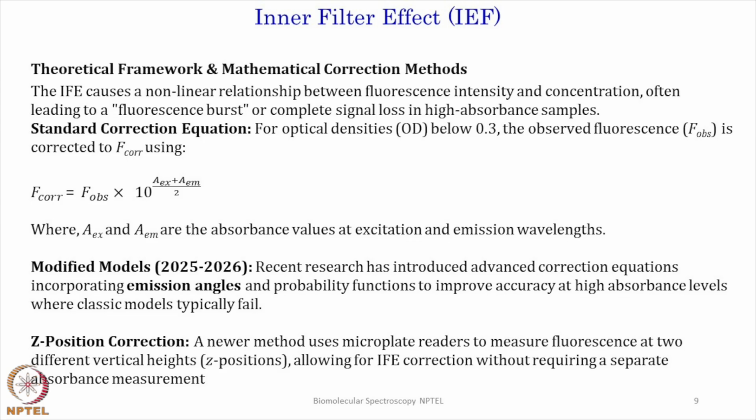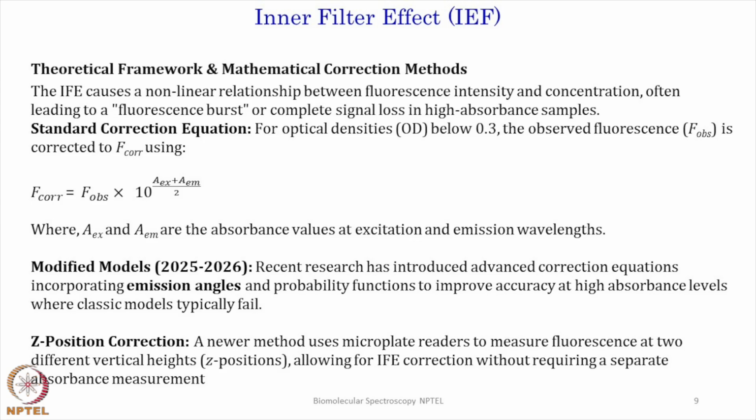Now, in calculation, a theoretical framework and mathematical correction can also be employed. You know where the problem is, right. So, one is an engineering solution, one is a scientist's experimental solution, and some is data collection, data processing.